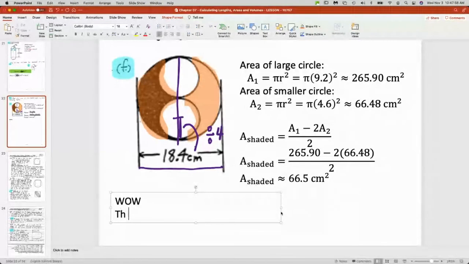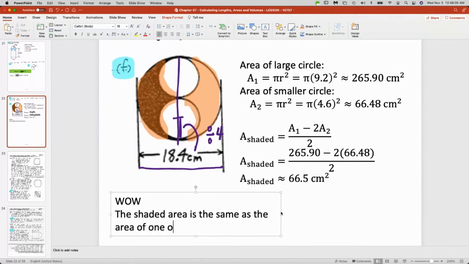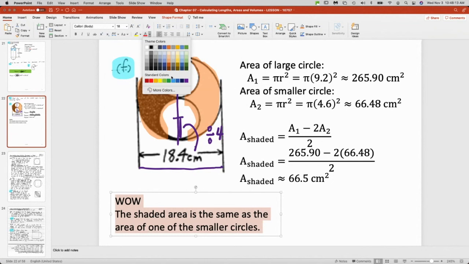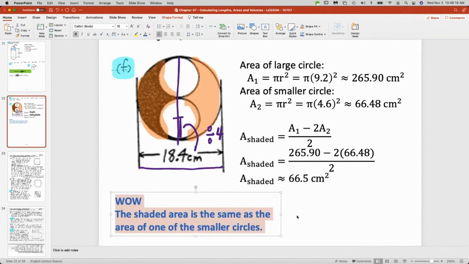Wow. The shaded area is the same as the area of one of the smaller circles. So hopefully that really annoys you in terms of trying to understand that.